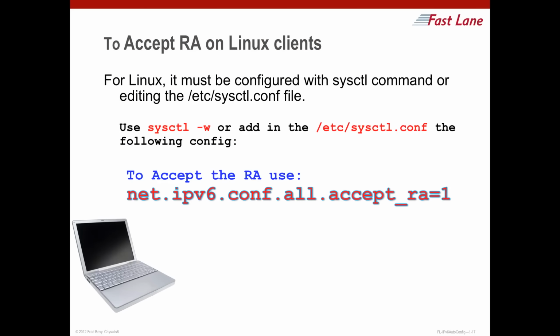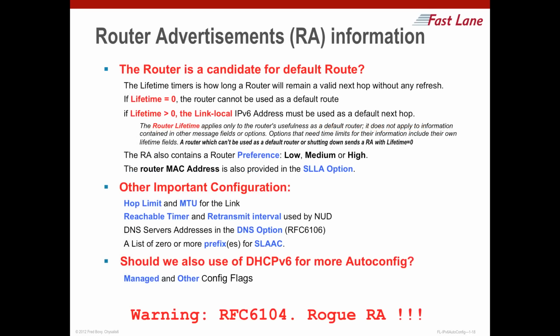On Linux, again, it is something you can control, whether you want to keep the router advertisements or not. The router advertisements have a lot of information. They can, for instance, say if the router must be used as a candidate for a default route. Whether this router can be used for your default route depends on the lifetime.